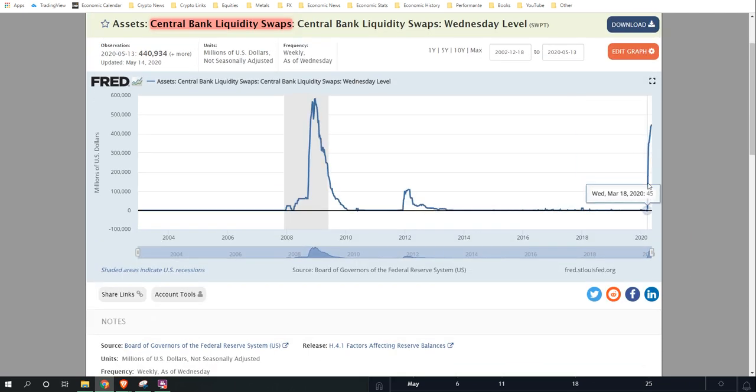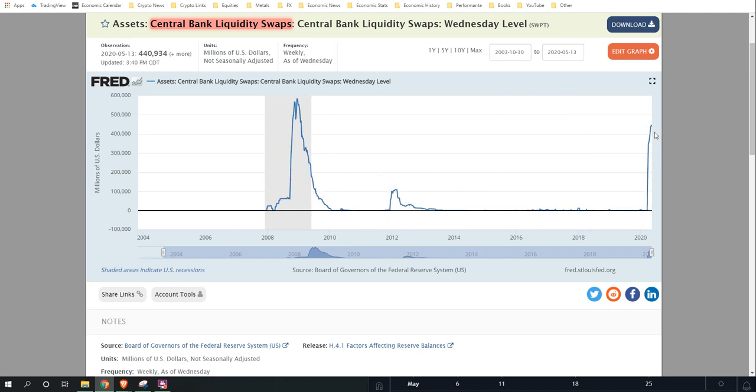And we can see recently central banks are in dire need of US dollars. They're in dire need of US liquidity, and we can see that coming in right now. There's a huge pump in the central bank liquidity swaps, which means there are a lot of central banks that now have accounts saying the Federal Reserve owns a tremendous amount of currency in our native currency, because they provided us with liquidity when we needed it.